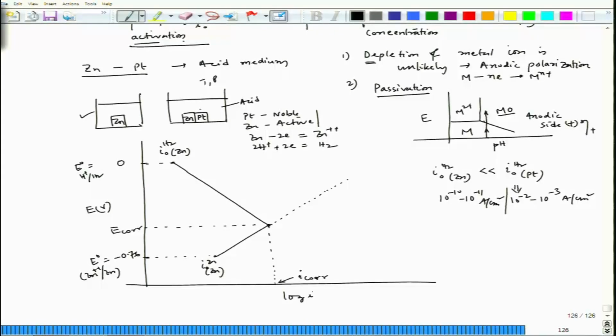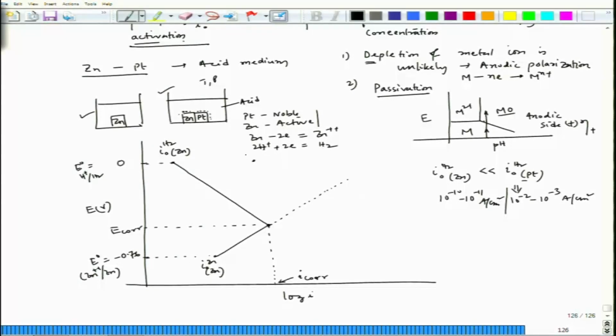When we have this particular situation, hydrogen evolution would also take place on zinc surface as well as platinum surface, and since platinum is noble, platinum will act as cathode and zinc will act as anode, but hydrogen evolution can take place on both the surfaces. Now, if I consider hydrogen evolution on platinum surface, its exchange current density is pretty high at this point.